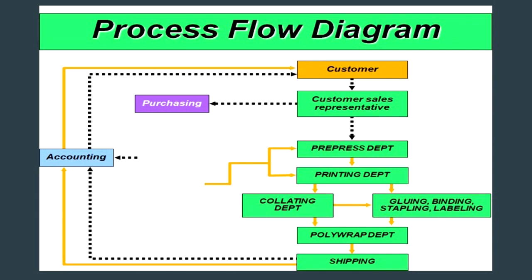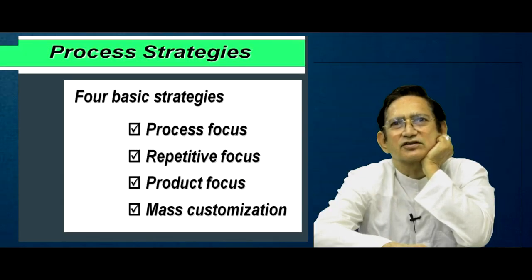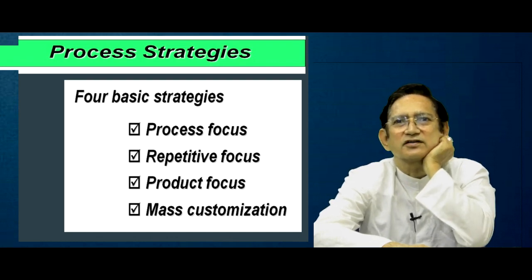You have customers, then customer sales representative, pre-press department, printing department, collating department, gluing, binding, stapling, labeling, plastic wrap, shipping, accounting. Process strategies: 4 basic strategies: process focus, repetitive focus, product focus, mass customization.